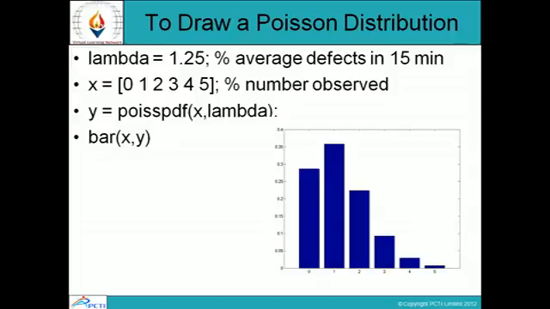To draw a Poisson distribution, lambda equals 1.25, the average defects in 15 minutes, with x as 0, 1, 2, 3, 4, 5 number observed, and y is the Poisson probability in x and lambda, and the variance equals lambda.